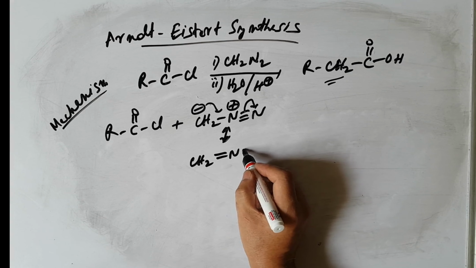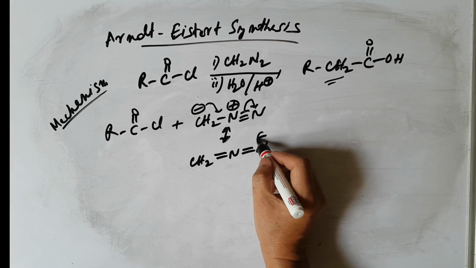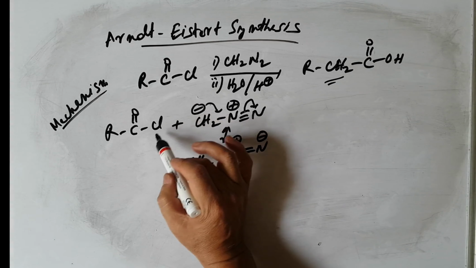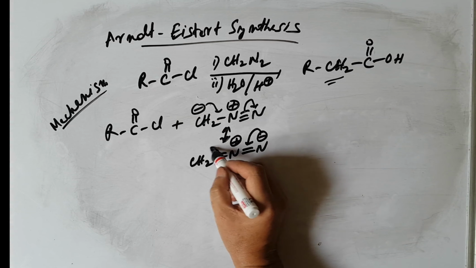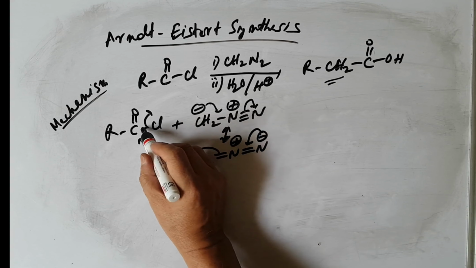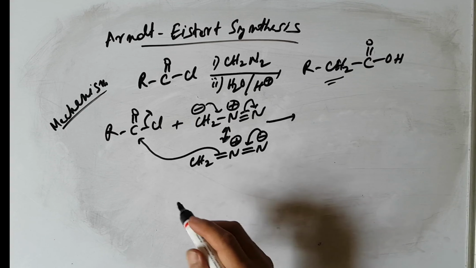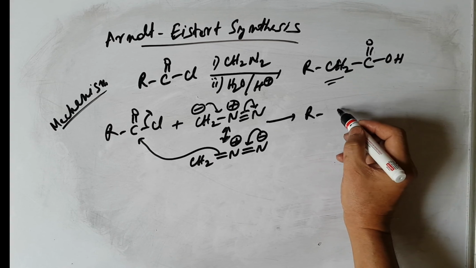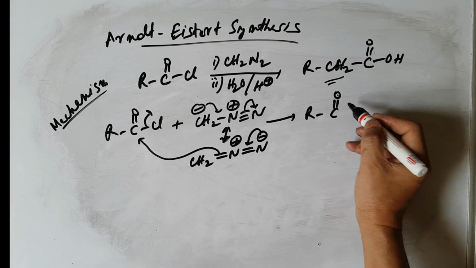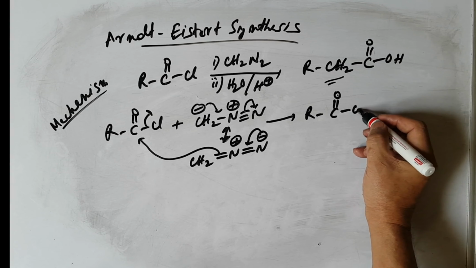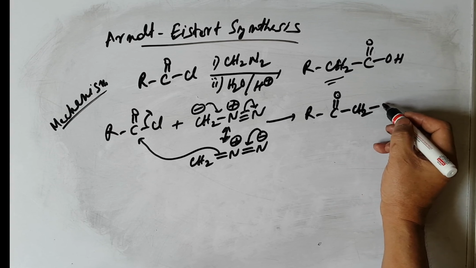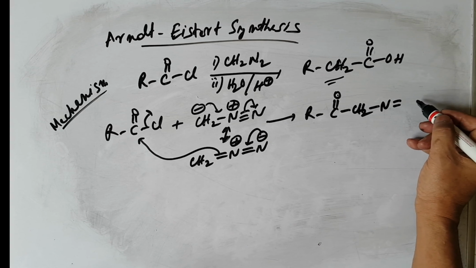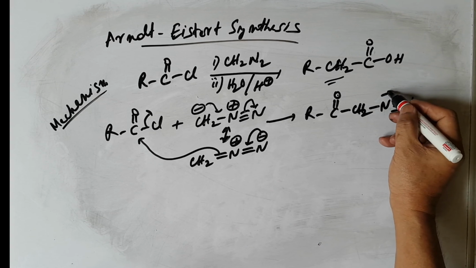So this can attack here, or you can attack this way also. So you get the first reaction of the acid chloride with diazomethane, and you get a diazoketone, with a CH double bond and a positive charge here.